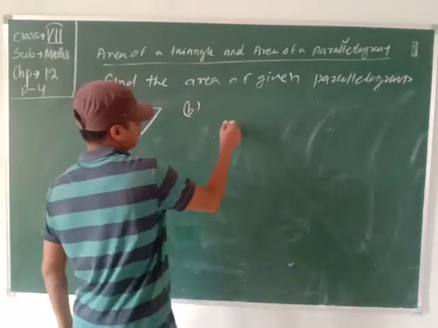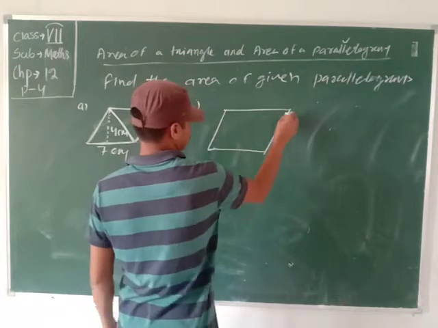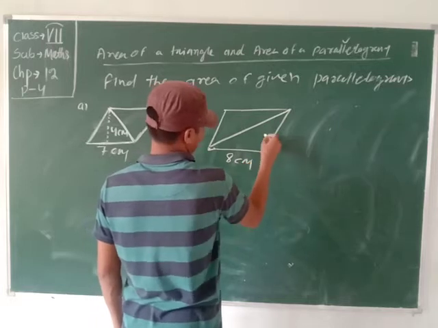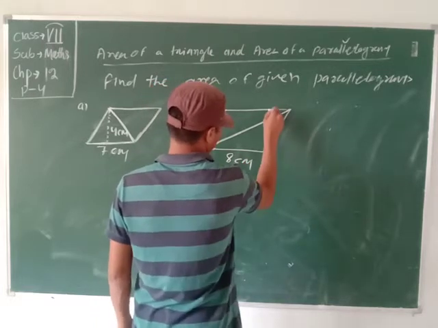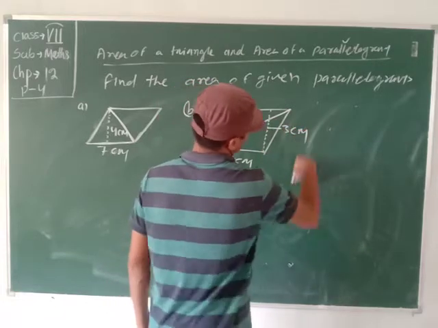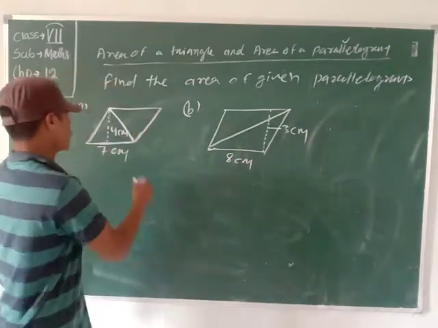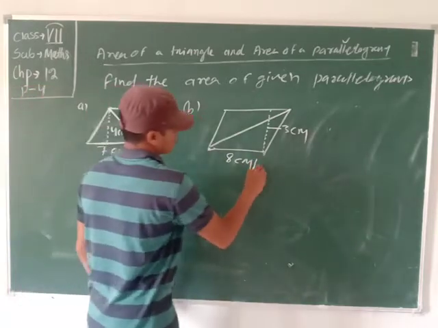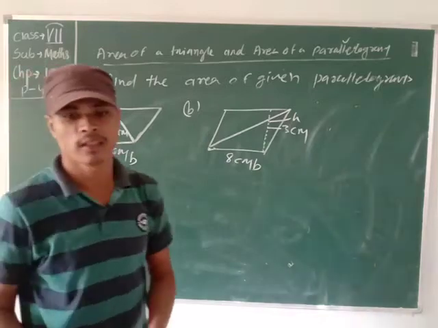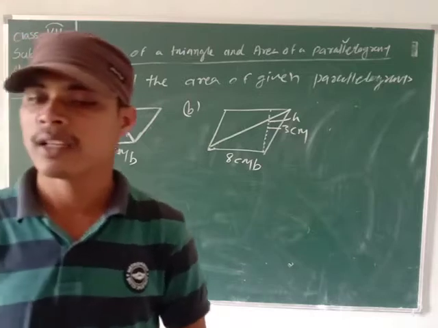In the second figure, base is equal to 8 centimeter and height equal to 3 centimeter. Here is the base, and here is also the base, and here is the height, and here also the height. Then we know the area of a parallelogram is base into height. Then we can easily find the area of a parallelogram.